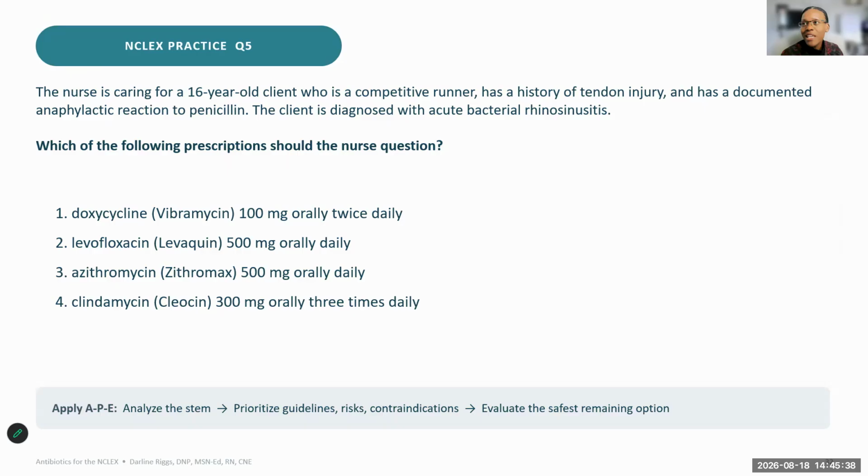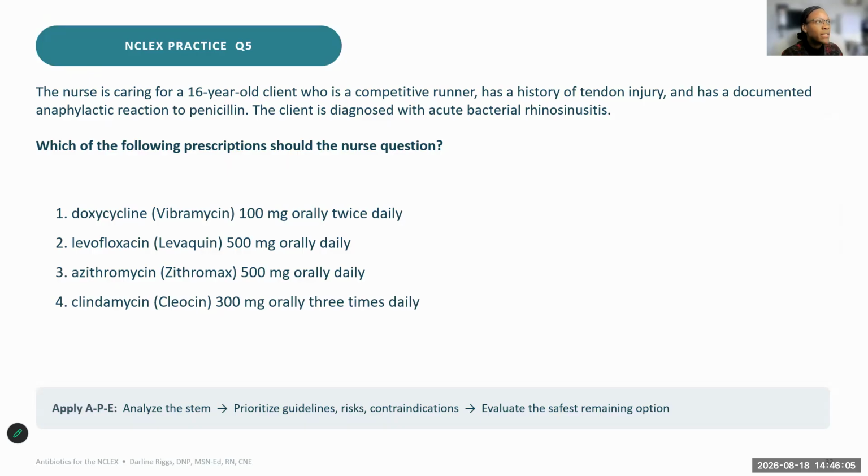There's no reason they couldn't do the doxy. Yeah, I don't see anything here that disqualifies them. There's nothing with the cardiac issue if that were there. But the others are fine. Let's look at azithromycin. That's not a penicillin. Clindamycin, that's not a penicillin. The allergy is with penicillin.